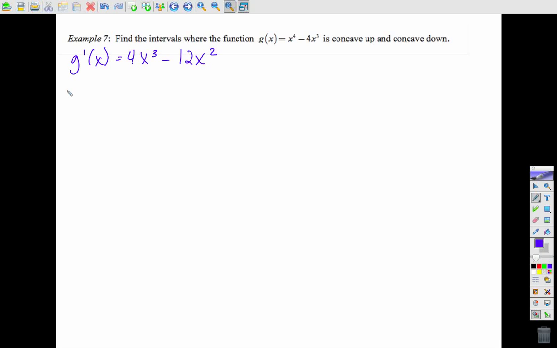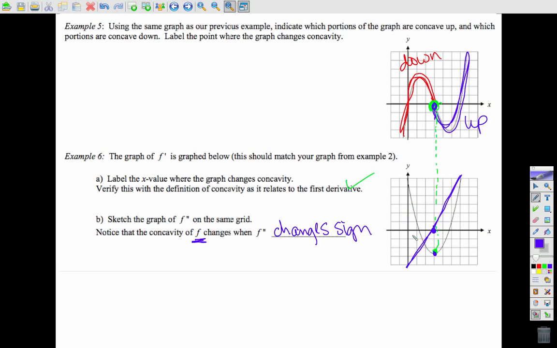All right. Now, the second thing we need to do is look for the second derivative. So we got 12x squared minus 24x. Okay, we need to find where the second derivative is equal to 0 for the method we're going to use here. Think about this point right here.